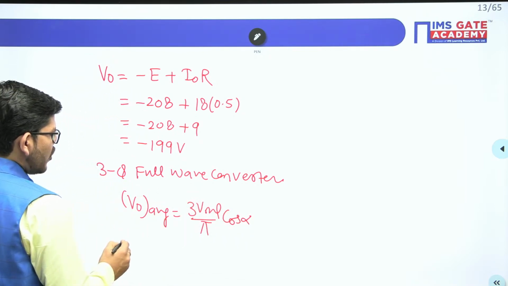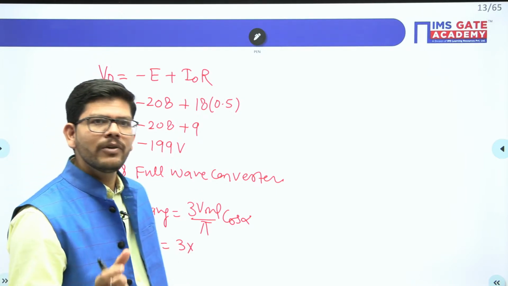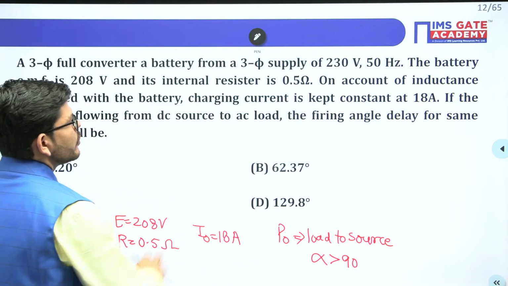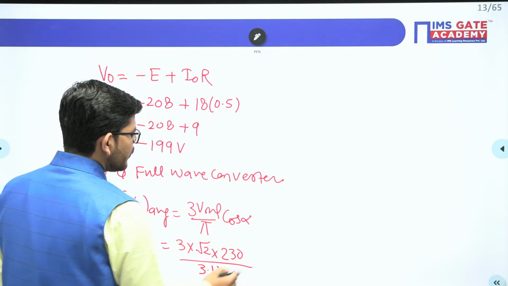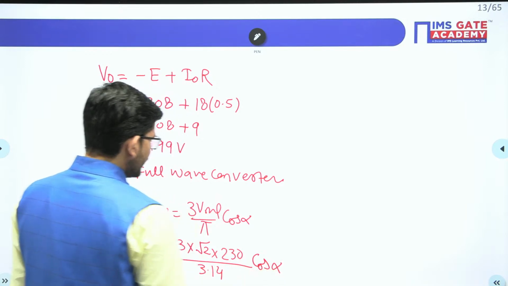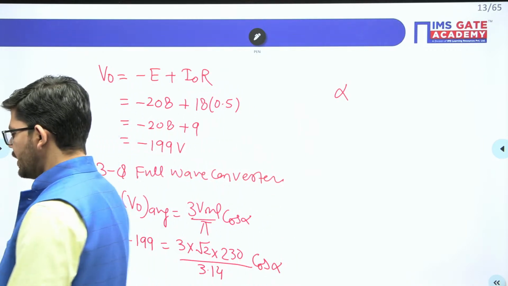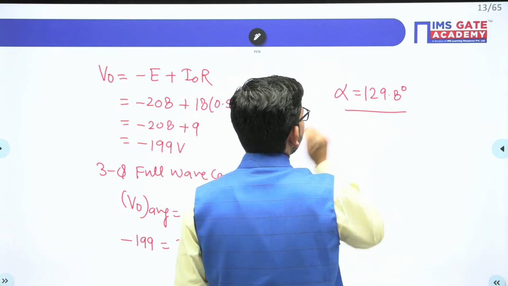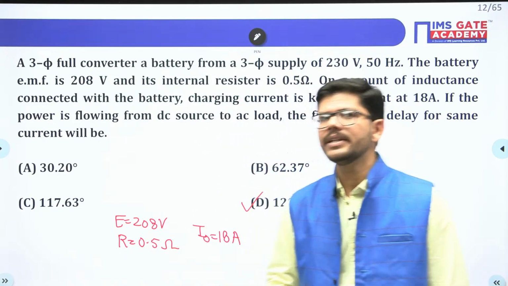The average value we have already calculated, which is minus 199. VML is the maximum value of the line voltage, so it will be root 2 into the line voltage given to us, which is 230 here, divided by 3.14, cos of the firing angle that we have to calculate. When you put the values and calculate, the firing angle comes out to be 129.8. Do we have any option with the same value? Yes, option D.